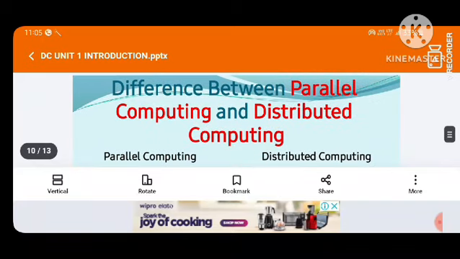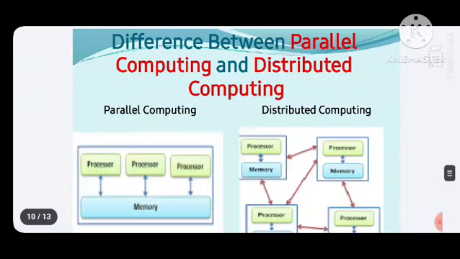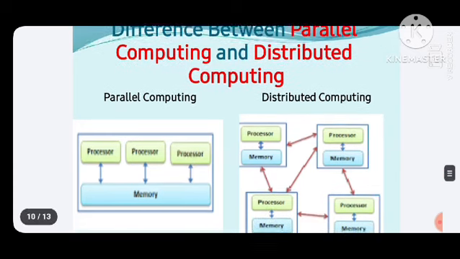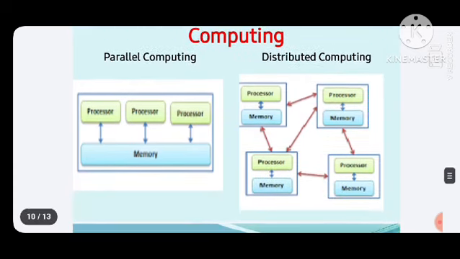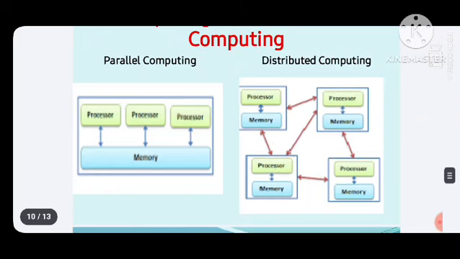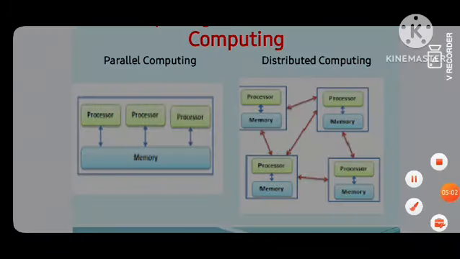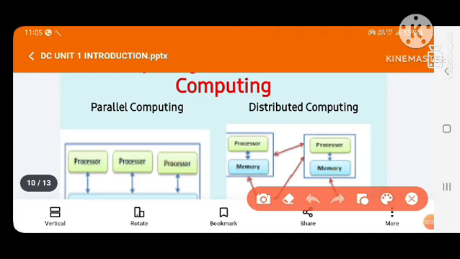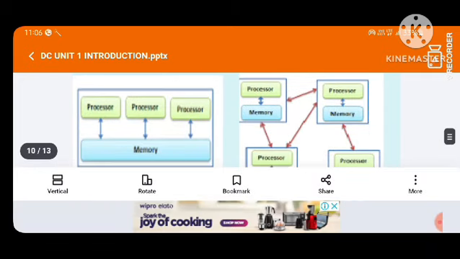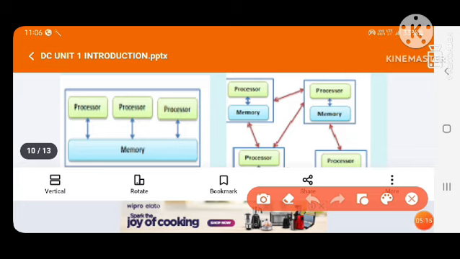So the next one is difference between parallel computing and distributed computing. So what is parallel computing and what is distributed computing? First I am going to tell you what is distributed computing. In distributed computing, each processor has its own memory.